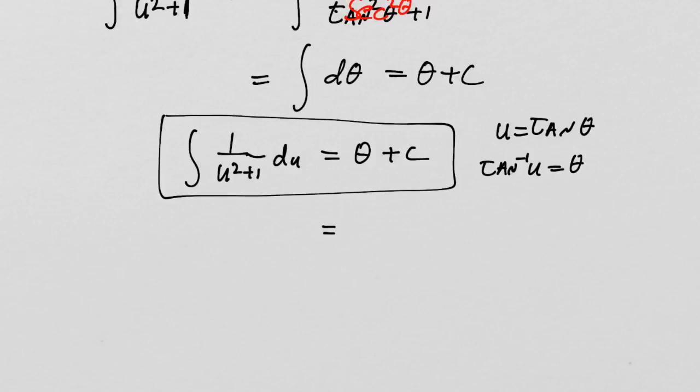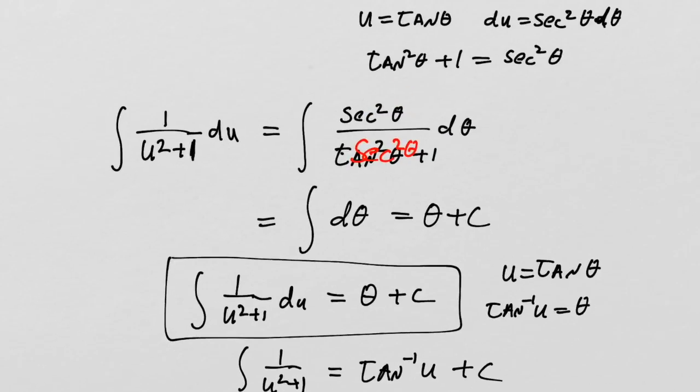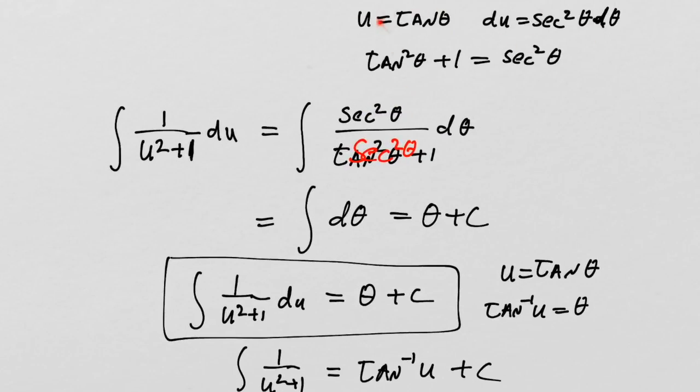So this integral ultimately is inverse tan u plus c. So my integral, 1 over u squared plus 1, is inverse tan u plus c. Now, this makes perfect sense if I know about the inverse tangent function. Let's imagine for a moment that I know about tangents, but I haven't really figured out about inverse tangents. I could still dive in and make this substitution, right?